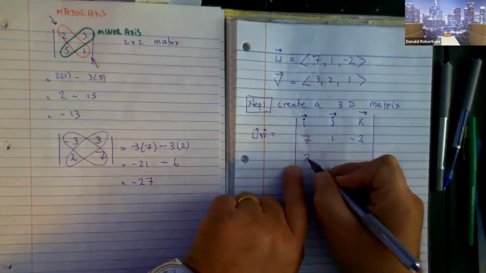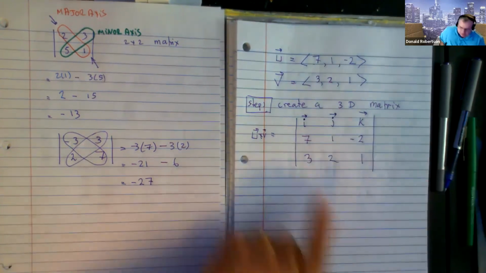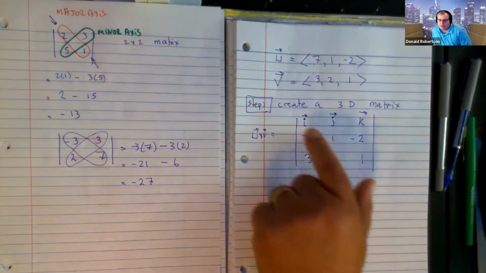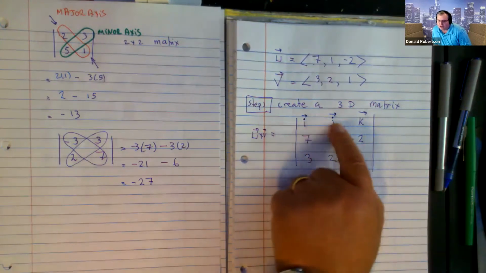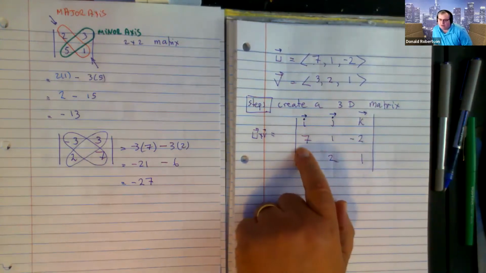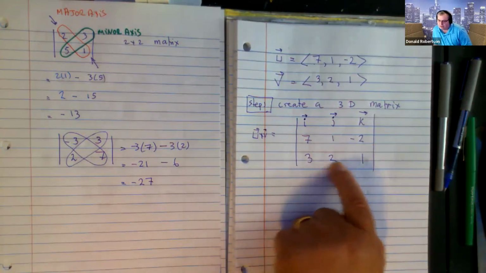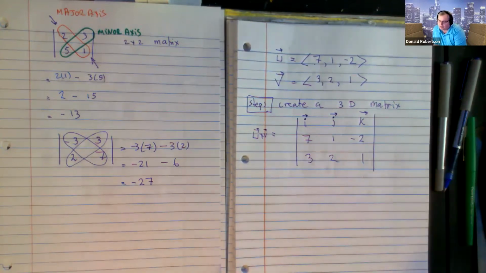And then the last row is V. So the way you create this 3 by 3 matrix is the top row are the vectors I, J, and K. The second row is the vector U, and the third is the vector V. Are we comfortable about that structure, how you create this guy? So far, so good? I, J, K, the three numbers that make up the vector U, the three numbers that make up the vector V.